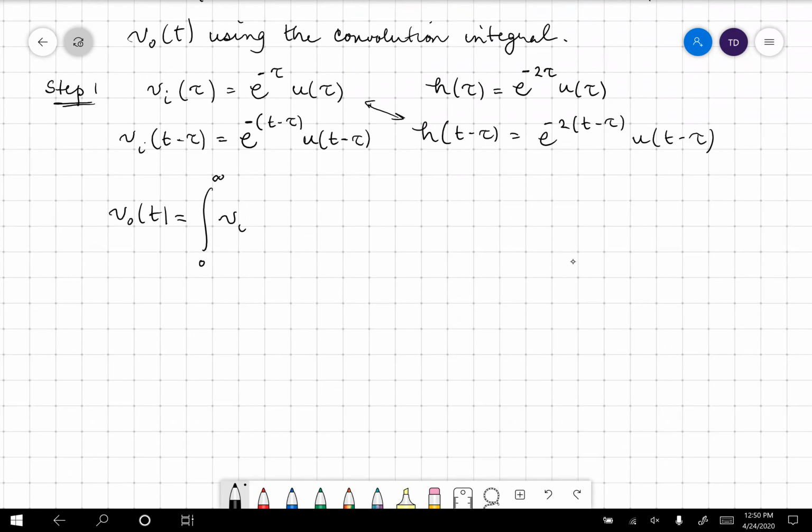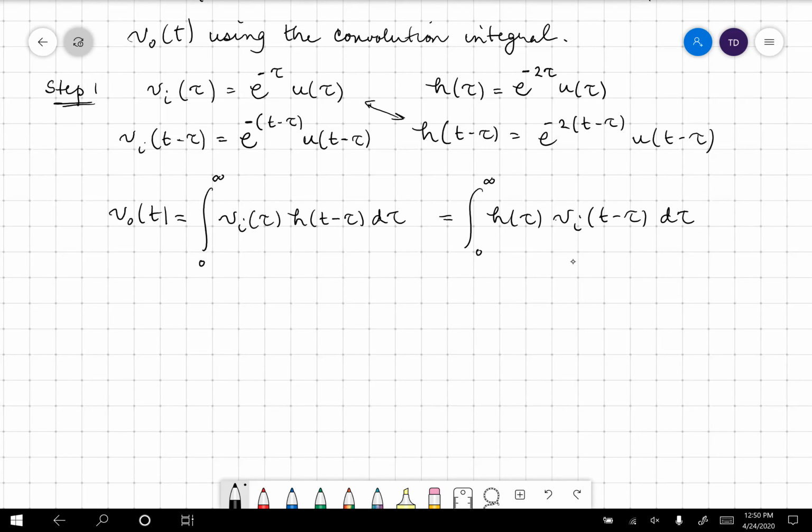So let's write it out. VI of tau, H of t minus tau, d tau, or it's this one, and they will both give you the same exact answer. I'm not going to do both of them. So it's one or the other.